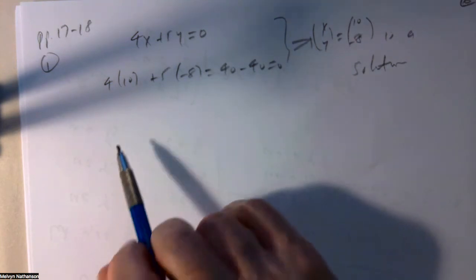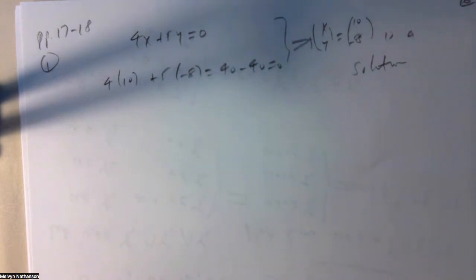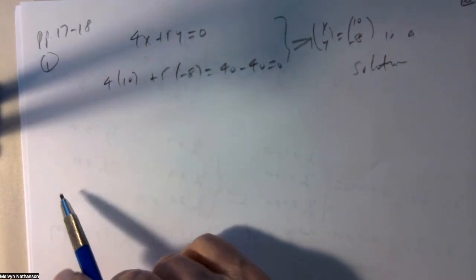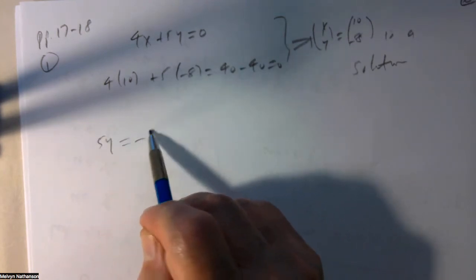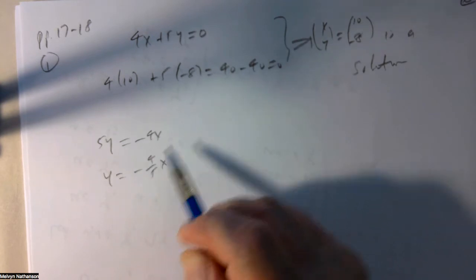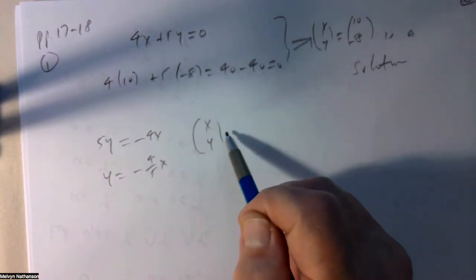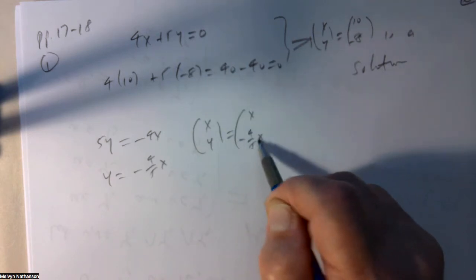And in fact, if you want to find all solutions, y is going to be minus 4/5 x. So for any (x, y), no matter what x is, y has to be minus 4/5 x.